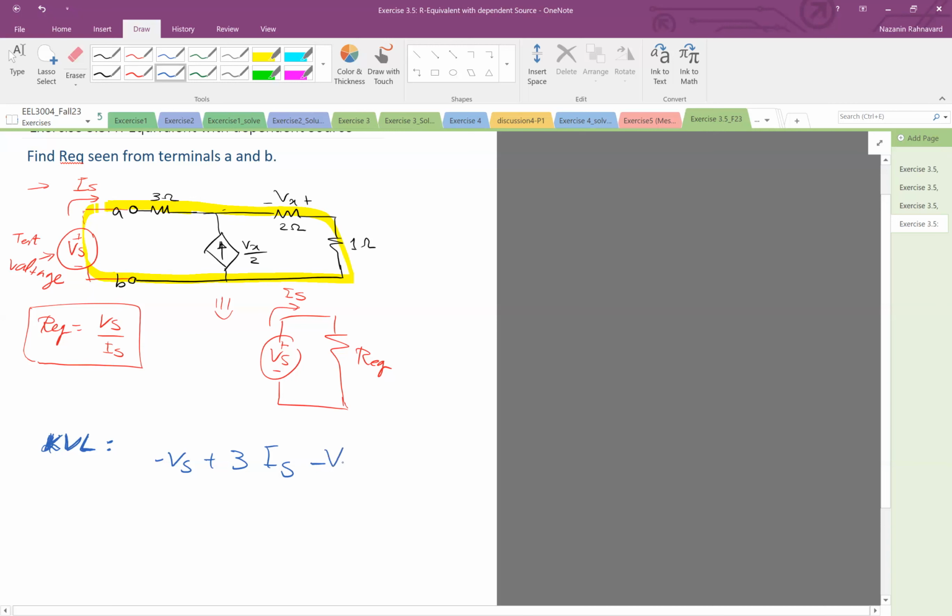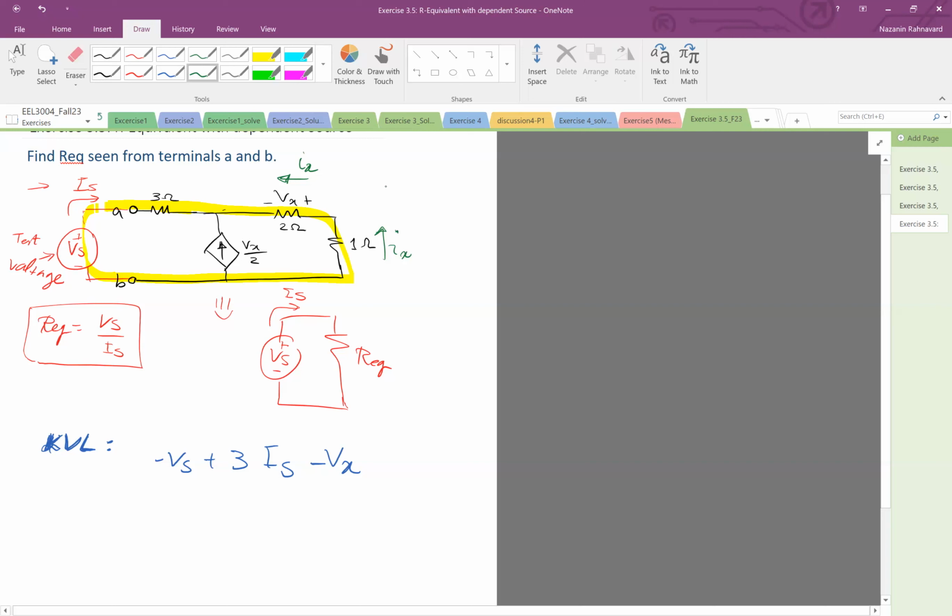You could also call this I1, or let's practice this: if this is Vx and this is Ix, and therefore this is Ix, let's see what happens.